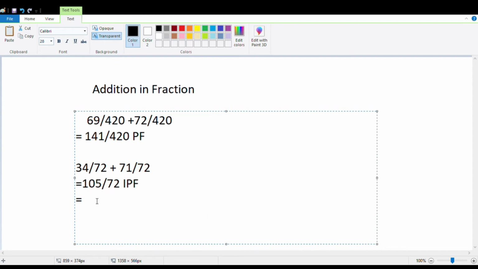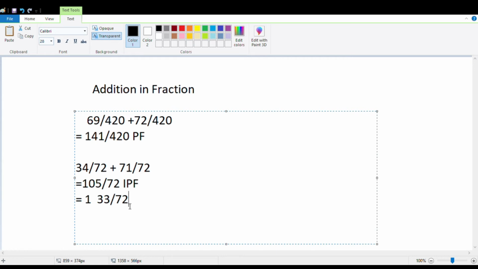So now what is the quotient? The quotient is 1 and the remainder is 33. Denominator is 72. Okay. So 72 into 1 is 72. 72 plus 33 is 105 by 72.